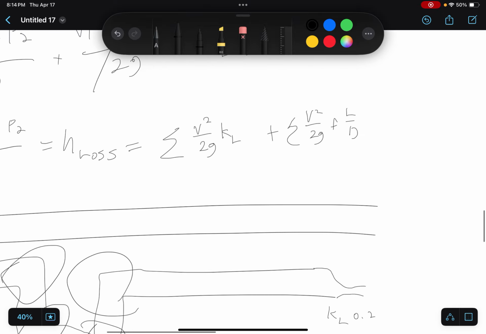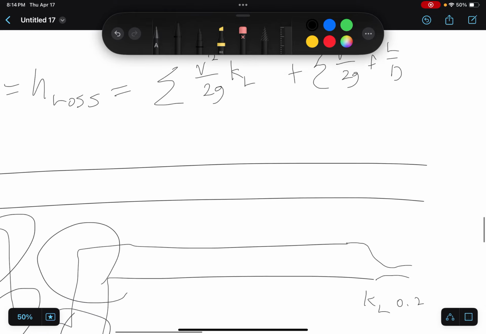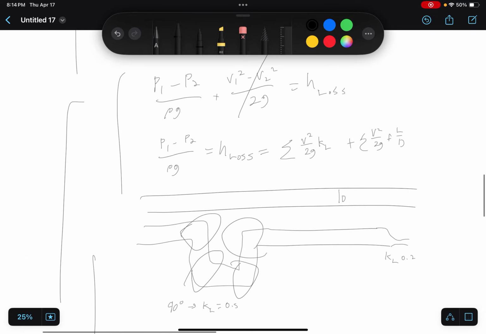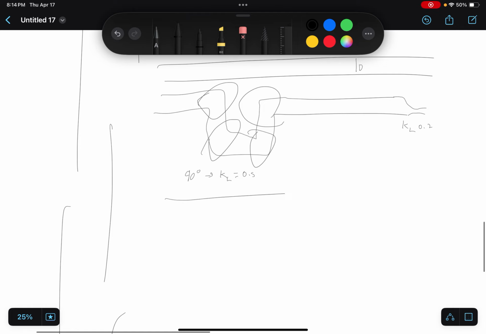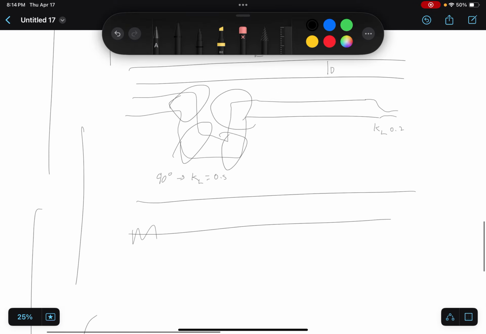So that's K_L. What is this right-hand term? D is the diameter of the pipe. L is the length of the pipe. What is f? f is the friction in the pipe. So let's assume they didn't machine your exhaust pipe super well, so it's got a super rough surface.